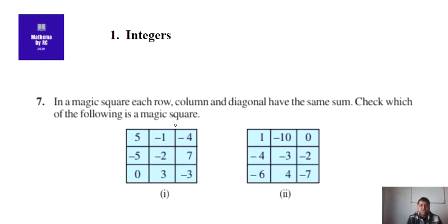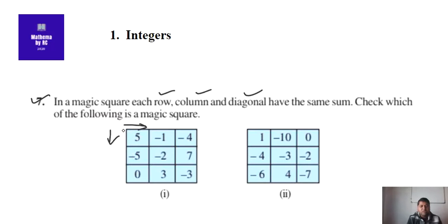Today in this class 7 we discuss a problem in the first chapter, Integers. There is a problem in it. Firstly we state that problem: in a magic square, the rows, columns and diagonals, that means these are the rows, these are the columns.